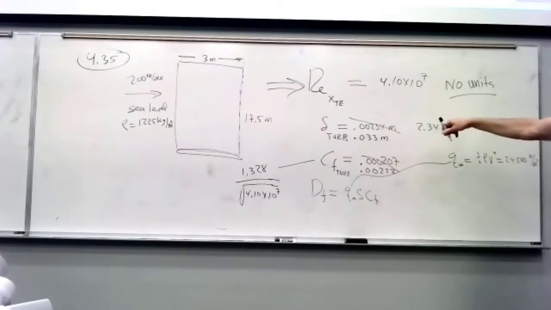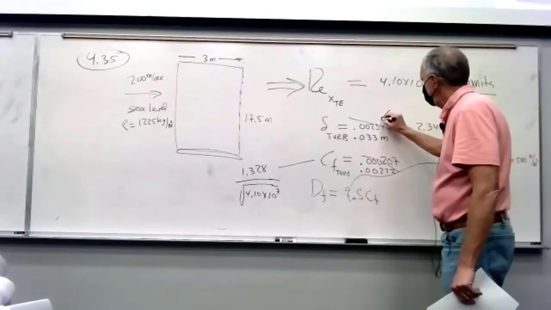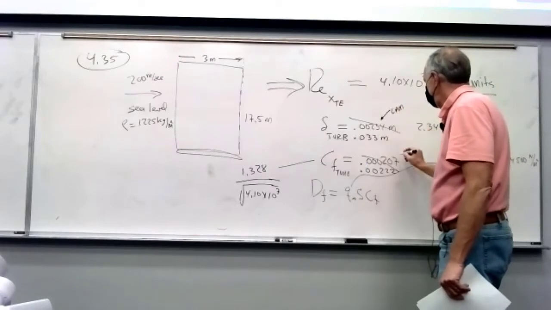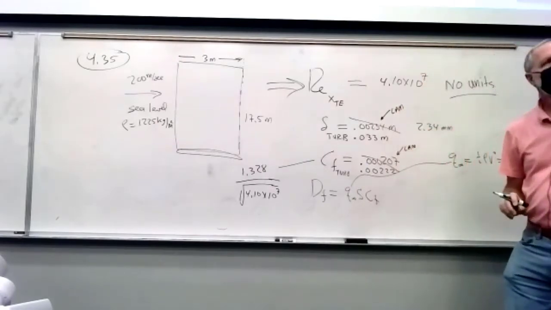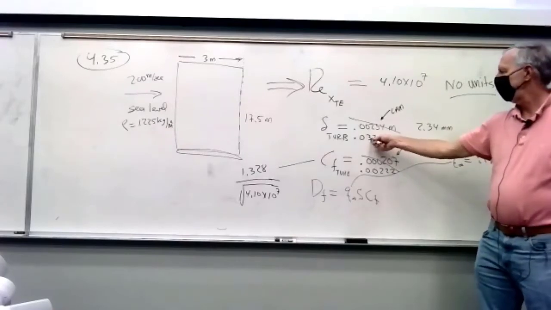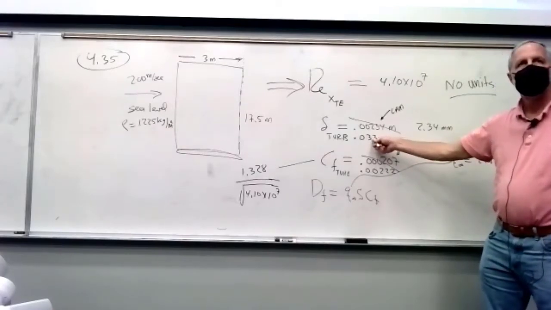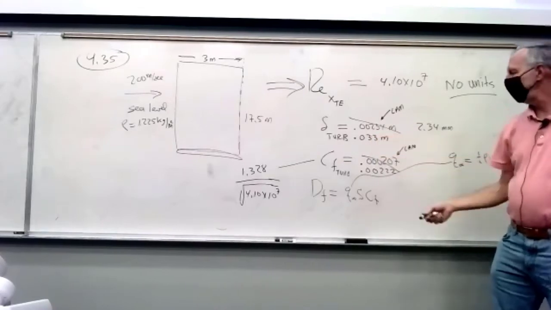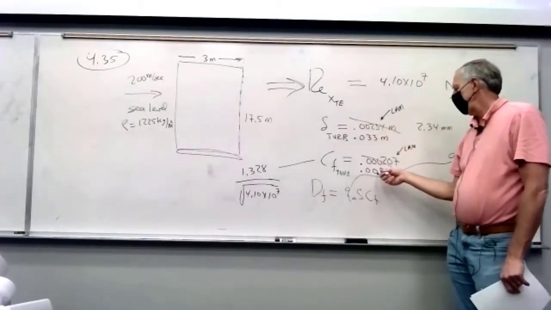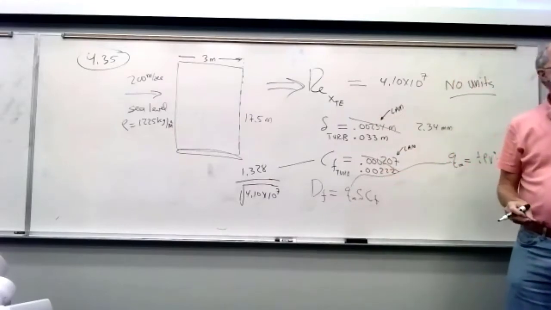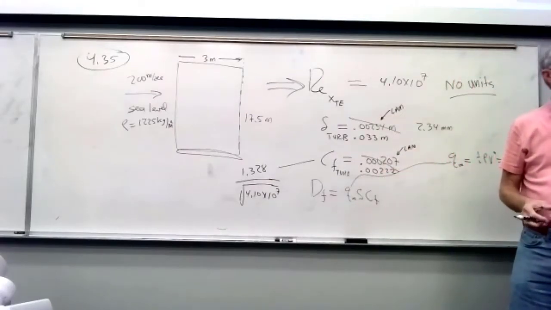The reason I left those other numbers up is look at the difference between a laminar boundary layer and a turbulent boundary layer. 10 times as thick, even more. So the turbulent boundary layer definitely is thicker. And look at how much drag you get. You get 10 times more drag with the turbulent boundary layer than the laminar.